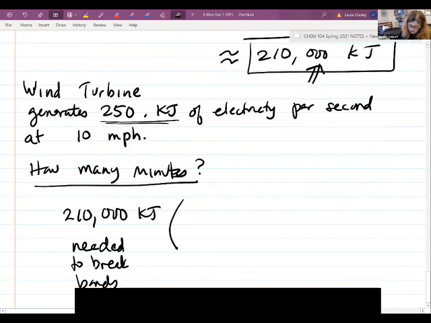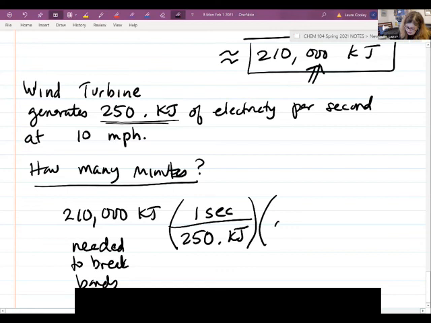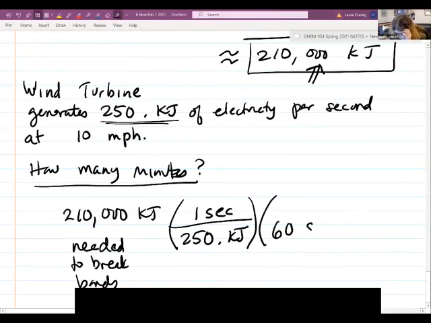And then we know that the turbine gives 250 kilojoules for 1 second, and that there are 60 seconds in 1 minute. Oh, what a time for this to crap out, huh?